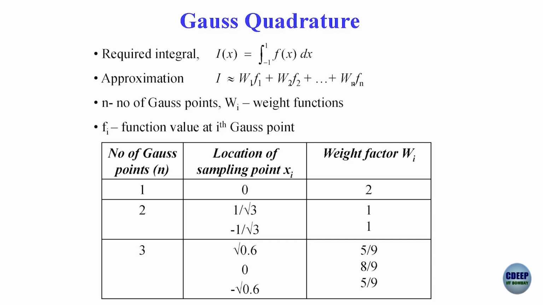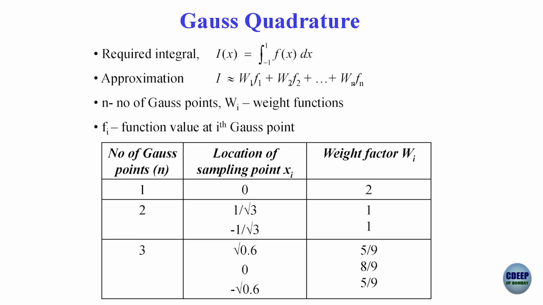But what Gauss asked is that instead of taking uniform intervals over A to B, for example, are there good points inside that AB interval where I should compute, where the accuracy will be better if I am able to do the computation at some xi.